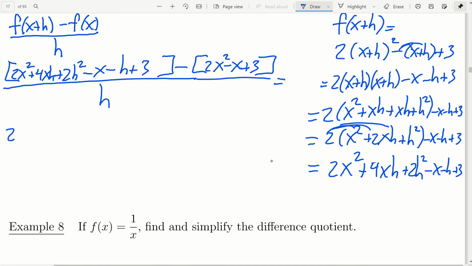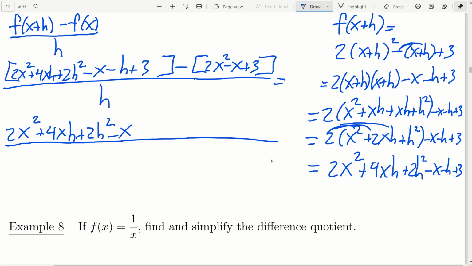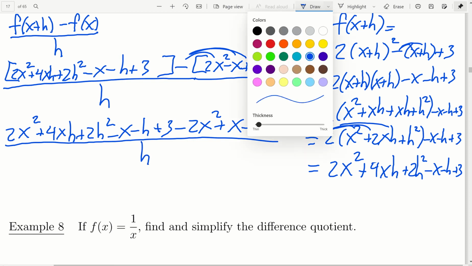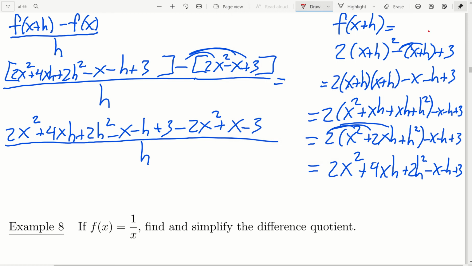To begin, let's distribute, get rid of that grouping symbol up top. 2x squared plus 4xh plus 2h squared minus x minus h plus 3. When we distribute the negative sign in, we get a negative 2x squared plus x minus 3, all divided by h.